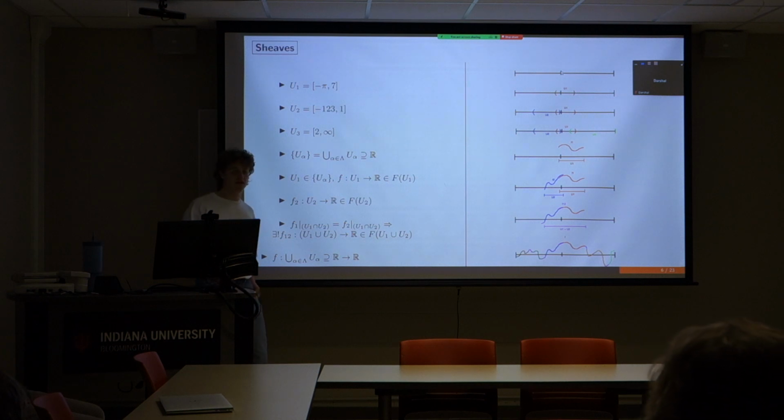Then as long as the functions F and F2 behave the same on the intersection of those two open intervals, so all the real numbers that are contained in U1 overlap U2, then we can paste those functions together to get a function that's defined on the combined open interval U1 and U2 to the real numbers. Now, if we do this for all open intervals in the cover, because all open intervals cover the entirety of the real numbers, eventually we will retrieve the specification of the function F on the entirety of the real numbers to the real numbers.